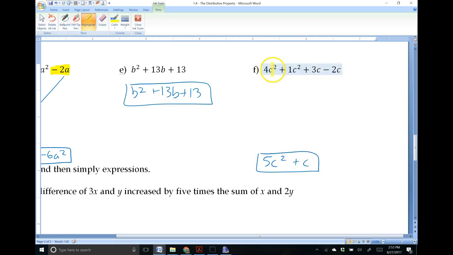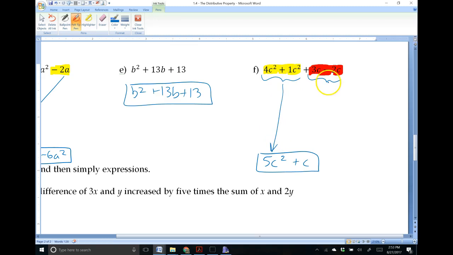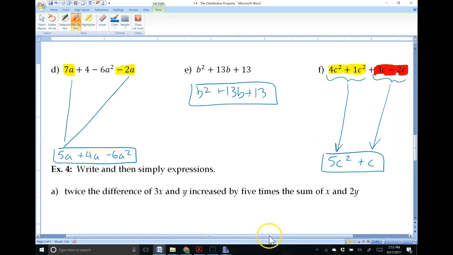We can add up these guys right here, and then these guys right here. Okay? We're grouping those guys right now. So here and here, okay? Got 5c squared. Those guys add up to this guy. All right, 3c minus 2c adds up to this guy, all right? Okay, I hope you guys got that all right. If you didn't, ask someone around you about why it was what it was.